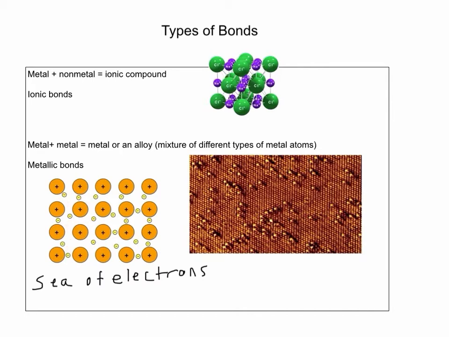That's holding the nuclei together. And this allows metals to carry current. If most of the electrons end up going in one direction, we have an electric current. This is why metals are very good conductors. Their electrons are free to move around all of the metal nuclei.